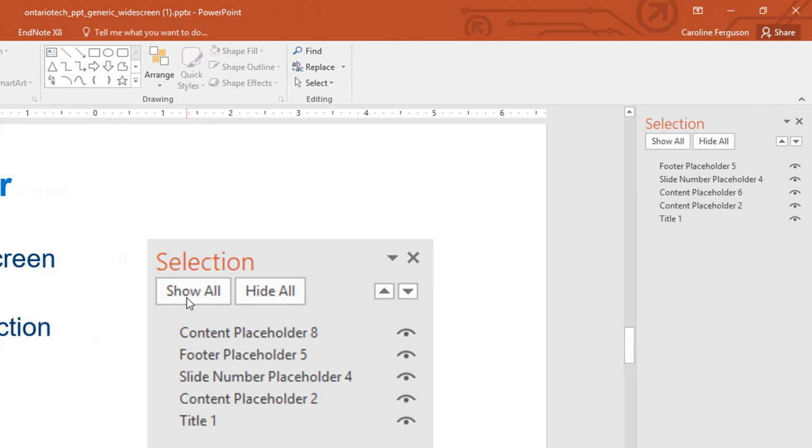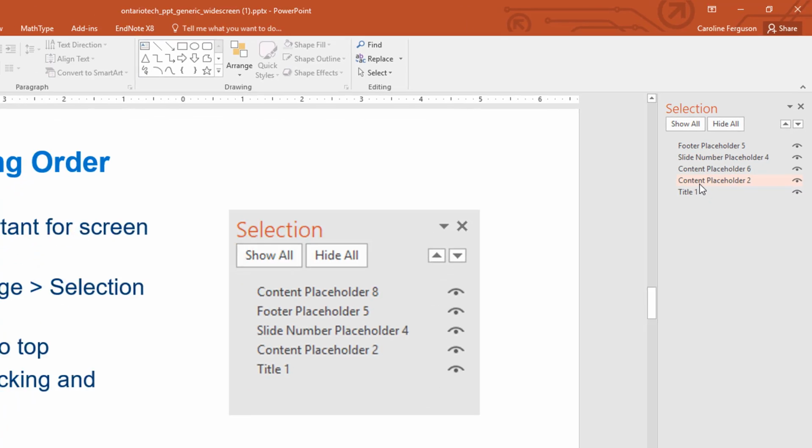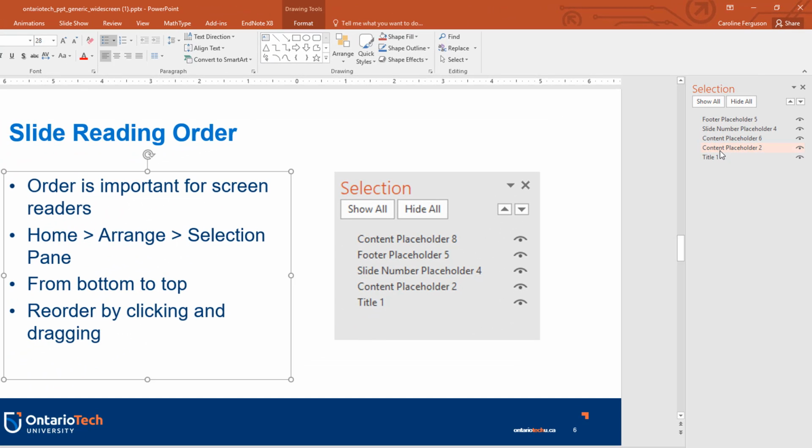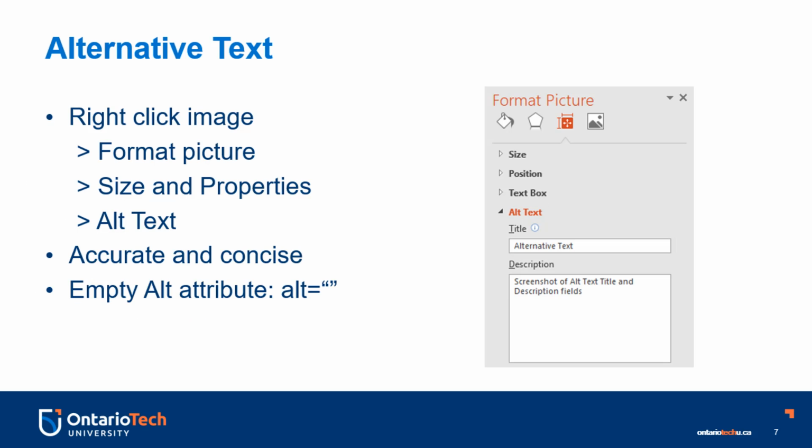Screen readers will read slide content from the bottom to the top. On this slide, for example, the title will be read first, then the content in placeholder 2, and so forth. If you click on an item in the selection pane, the corresponding content will be selected. To change the slide reading order, simply drag and drop items in the selection pane.